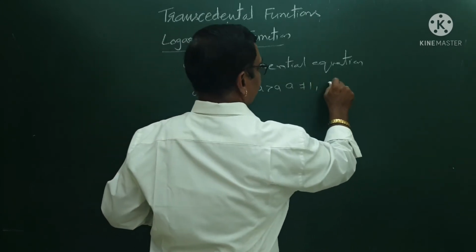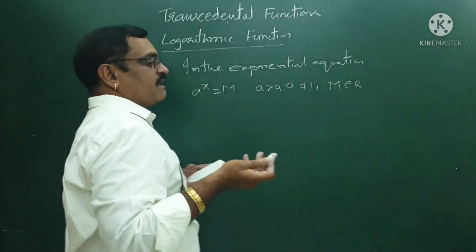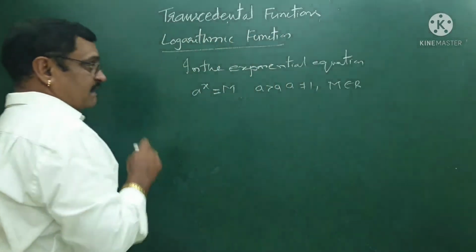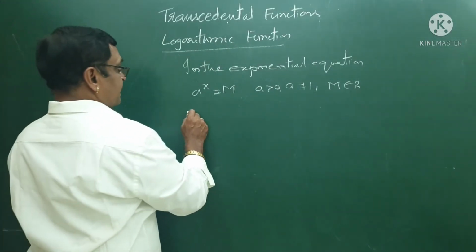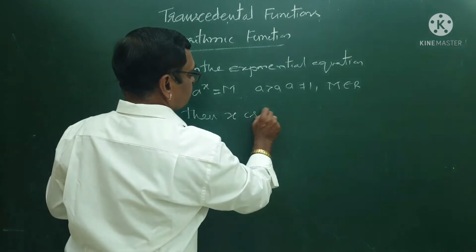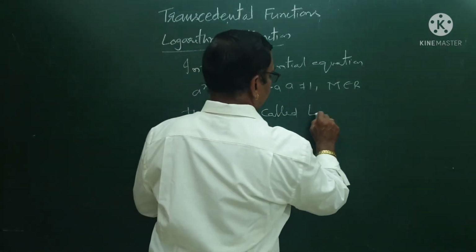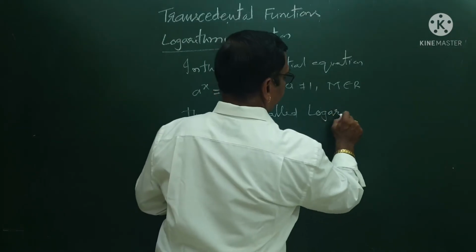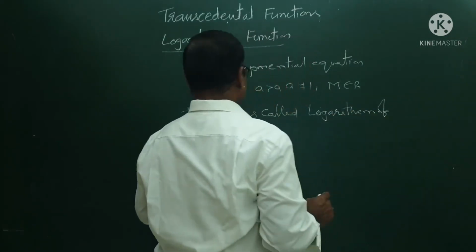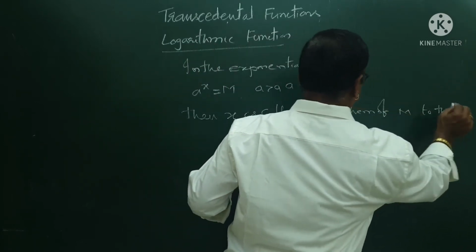And m is a positive real number. Why? Because an exponential function never generates a negative number. Okay, we have this case. Then x is called the logarithm of m to the base a.